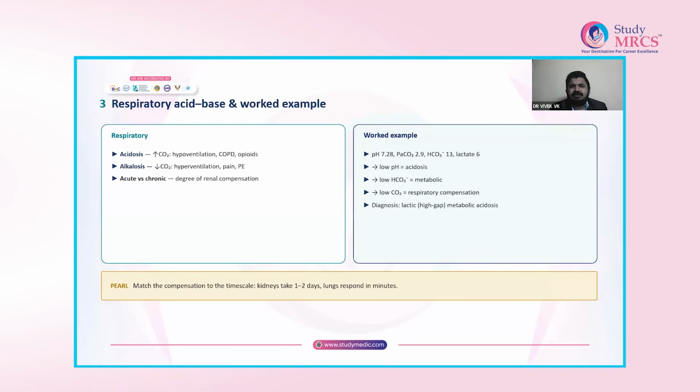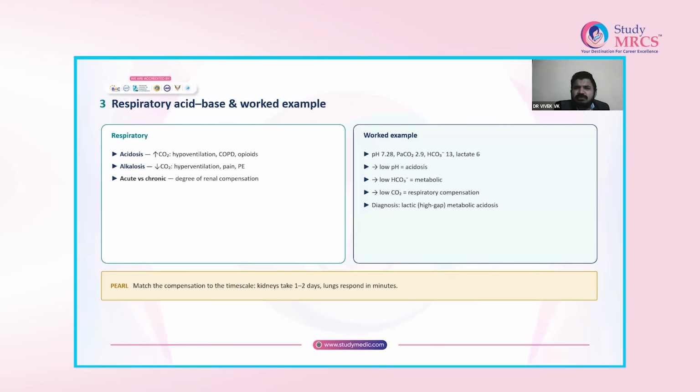That means the patient is compensating by altering the respiratory pattern. The respiratory compensation will occur immediately, and the metabolic compensation will take some time. So what is the diagnosis?